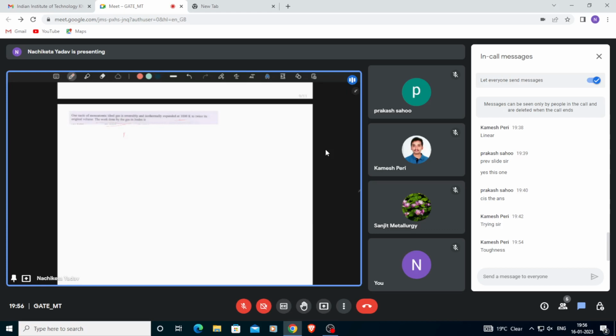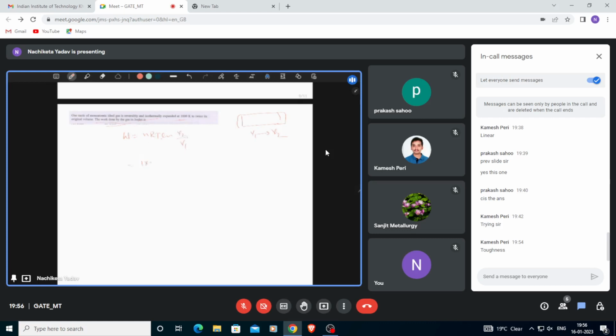Here work done, we know W equal to, for a reversible and isothermal system, nRT ln V2 by V1, where it is expanded from V1 to V2. So this is for 1 mole.